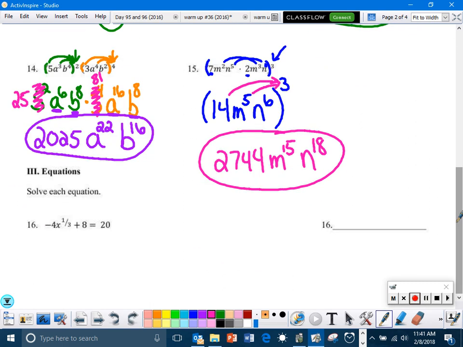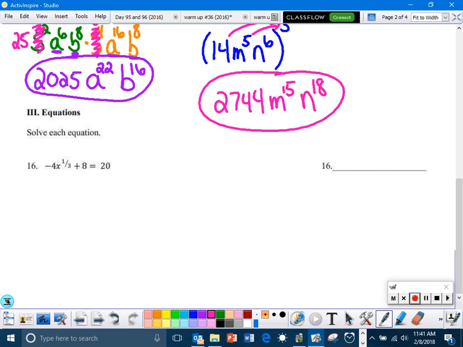All right. And then part 3 of this unit was to solve equations with rational exponents. So if you look at this one carefully, it's going to take 3 steps. Step 1, take away 8.